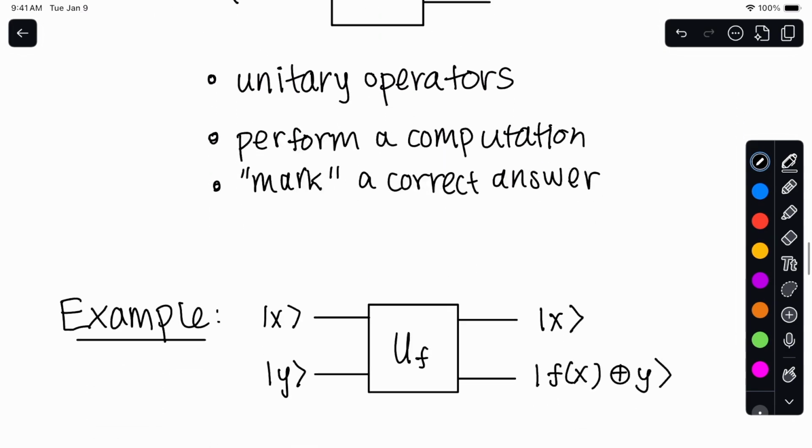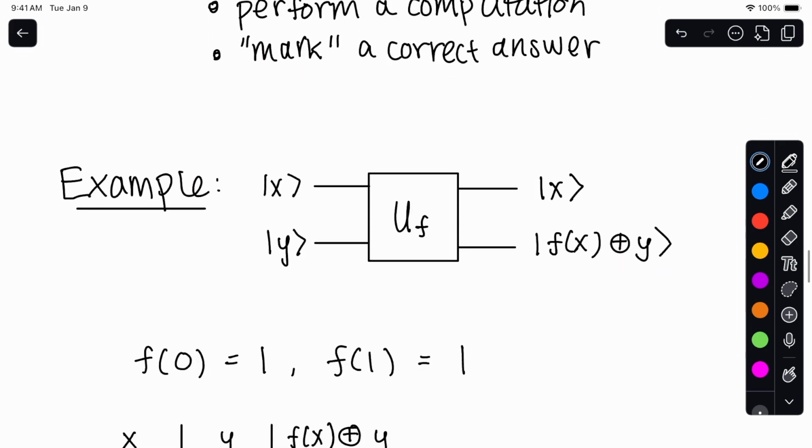The first example I want to talk about is an oracle which performs the following operation. It takes as an input 2 qubits, and the top qubit it should do nothing to. So we have x coming in and x going out. On the bottom, we should get this output here, f of x plus y, where this plus is addition mod 2, or binary addition.